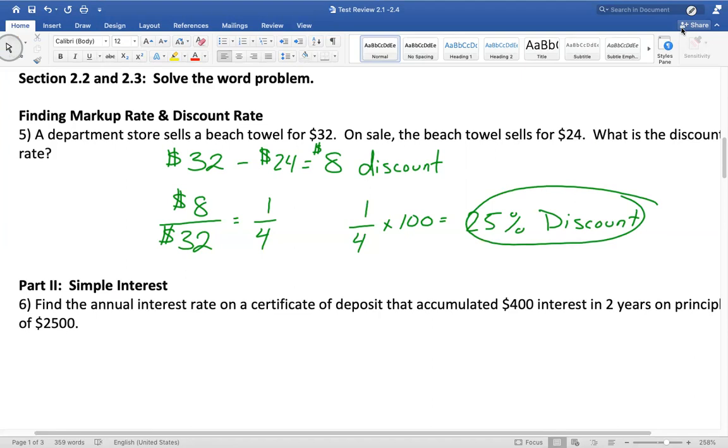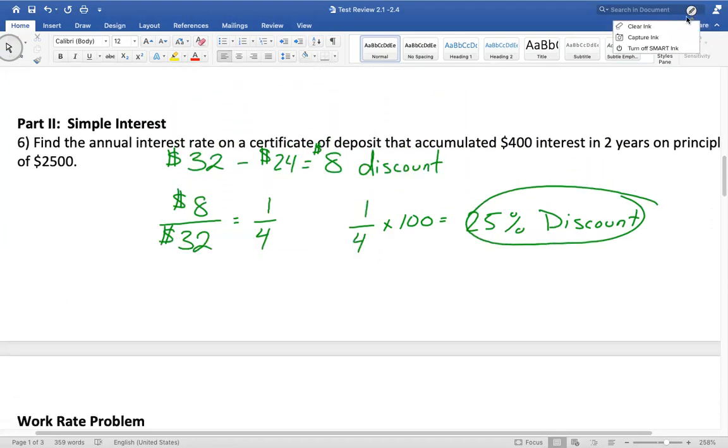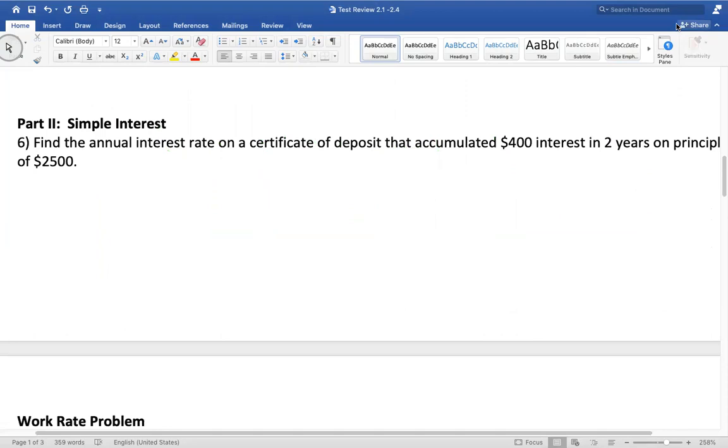Now for the simple interest problem, okay? If you guys don't know the simple interest formula, you can always look it up, okay? But here we go. It says find the annual interest rate on a certificate of deposit that accumulated $400 in interest in 2 years on principal of $2,500.